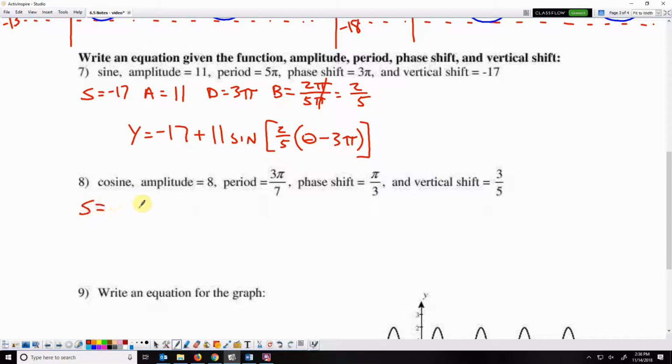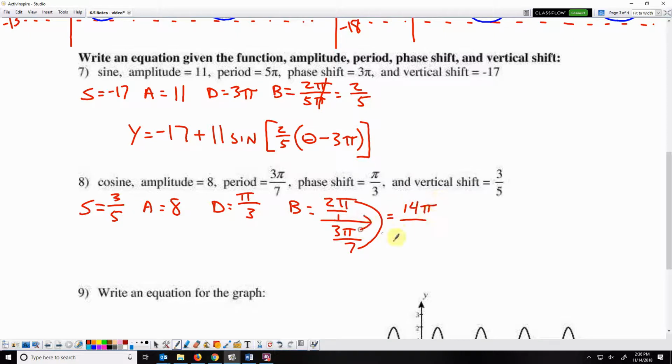Okay, again, S, A, D, and B. Vertical shift, 3/5. That's my sinusoidal axis. Amplitude, 8. Displacement, phase shift, pi over 3. B is 2 pi over the period. I'm going to put that over 1 over 3 pi over 7. 14 pi over 3 pi.